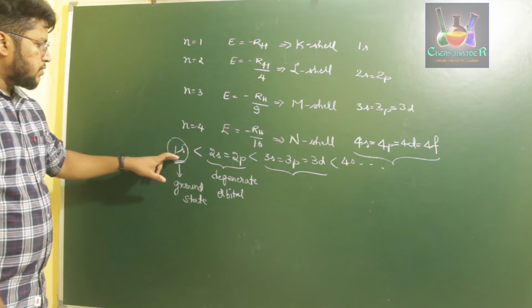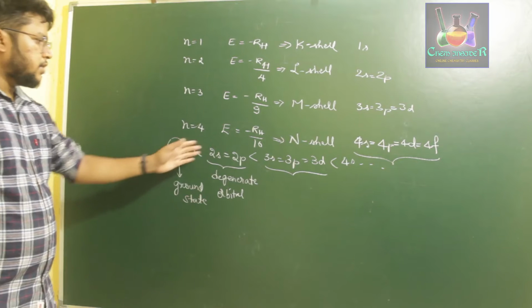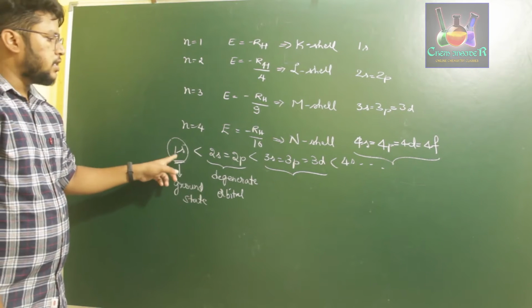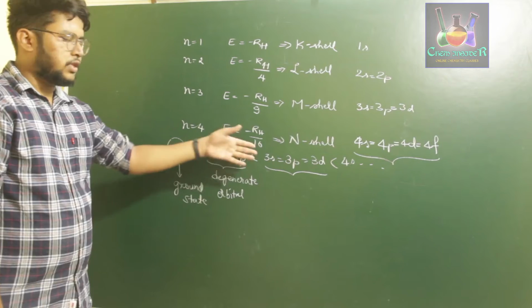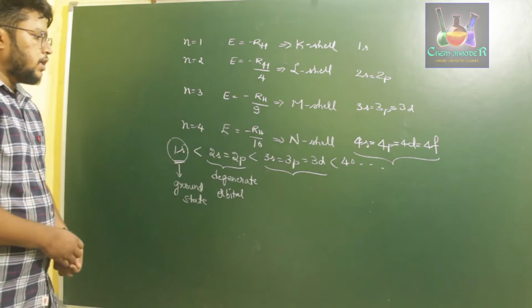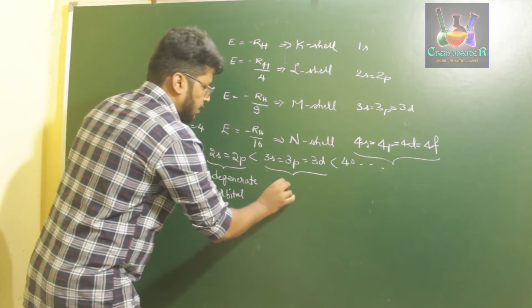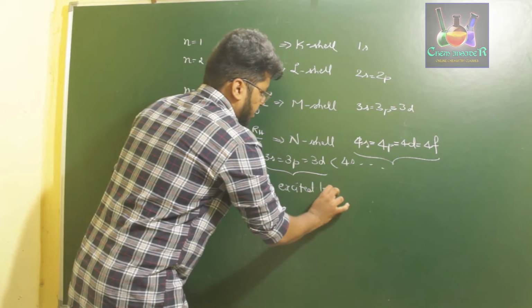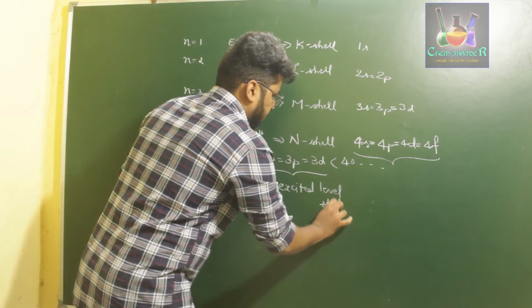If the electron present in the 1s level is excited to any other level, such as 2s, 2p, 3s, 3p, etc., then those levels are called excited levels or excited states.